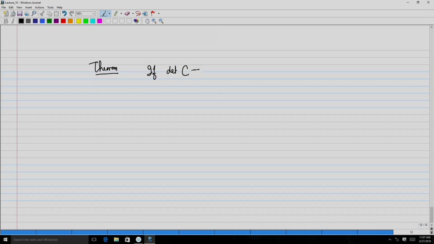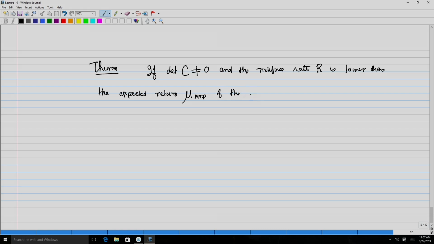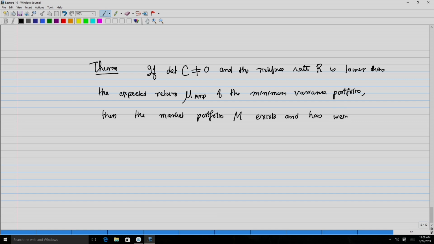If the determinant of C is not equal to 0 and the risk free rate r is lower than the expected return mu MVP of the minimum variance portfolio, then the market portfolio M exists and has weights given by W m vector as m.